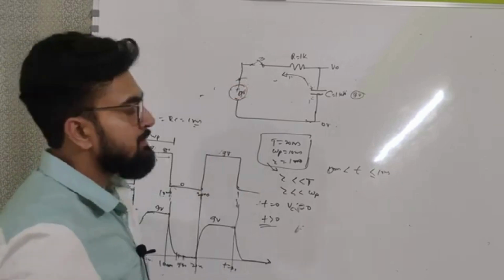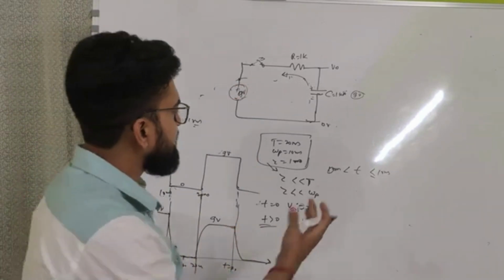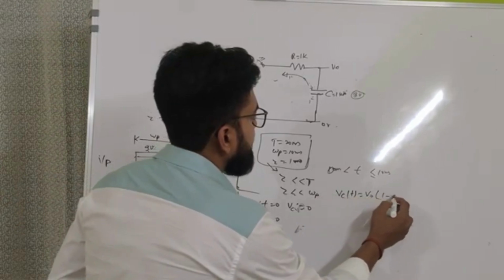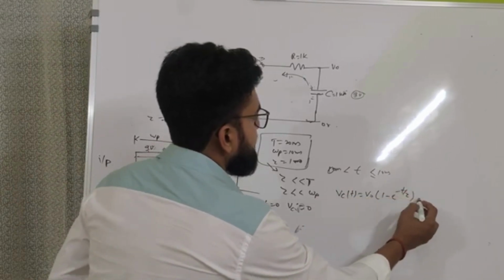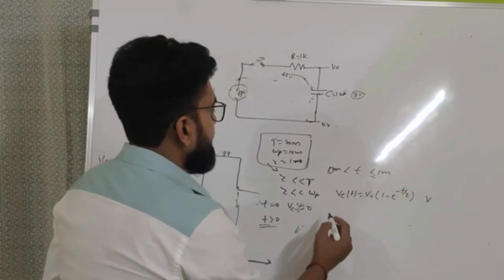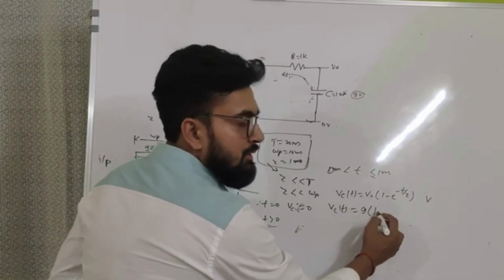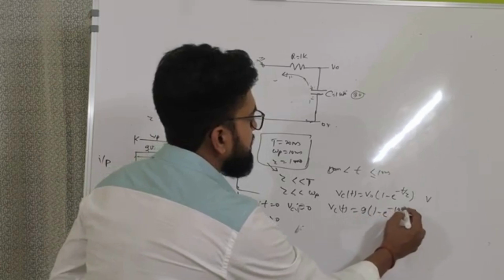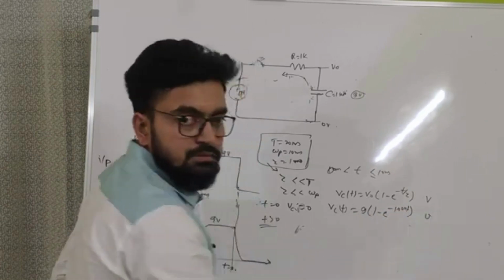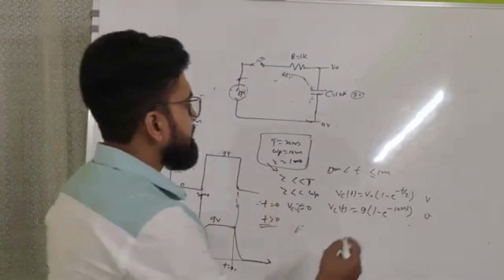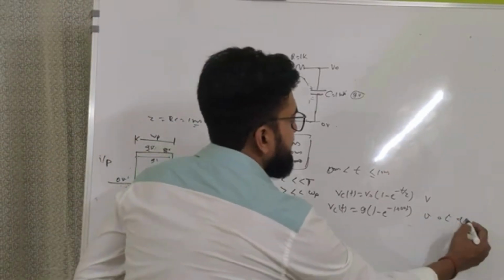It will charge maximum up to 9 volt. Thereby the equation will be Vc of t equals V naught into 1 minus e power minus t by tau, and tau is 1 millisecond, right? So if we put the values in this, V naught is 9, into 1 minus e power minus 1000 t volts. Okay, now this is for time t equals 0 to 10 milliseconds.